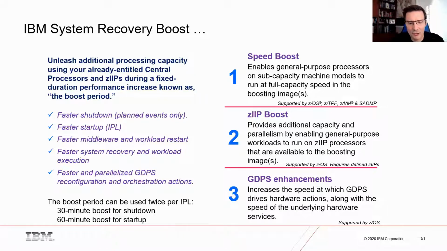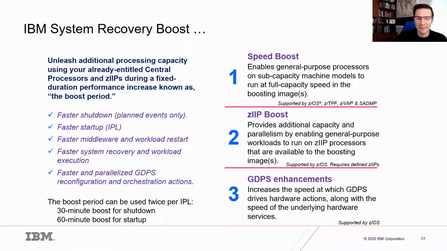And of course, we talked about the GDPS enhancements as well, which increase the speed at which GDPS drives the hardware actions, as well as the speed of those underlying hardware services. Now, let's talk about the bottom left-hand corner, the boost period and how long that is. For a given set of shutdown and startup, you have a 30-minute boost to shut down and a 60-minute boost for startup and recovery of your workloads, for a maximum of 90 minutes for an individual boost.